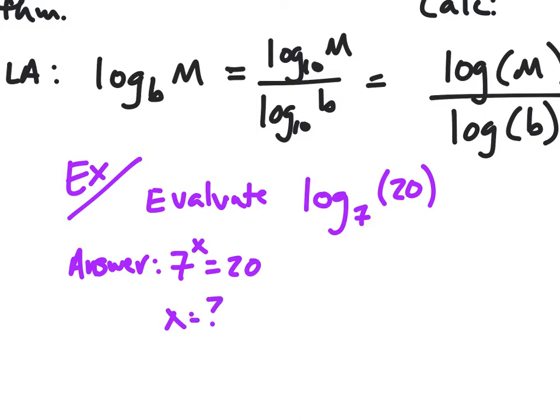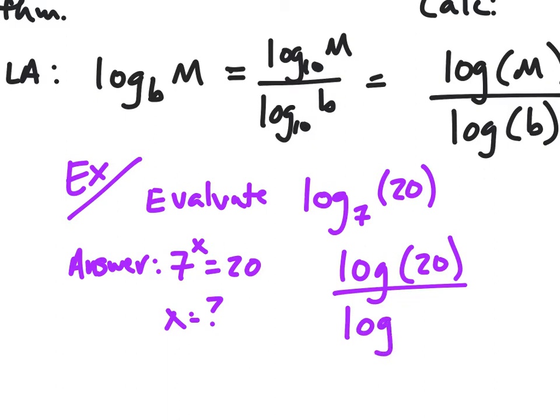If you have a question like this, you can change it into logarithm form based on what we learned in the last section, and then you can plug this in and evaluate. So what you would do in your calculator is put log of 20 divided by log of 7.